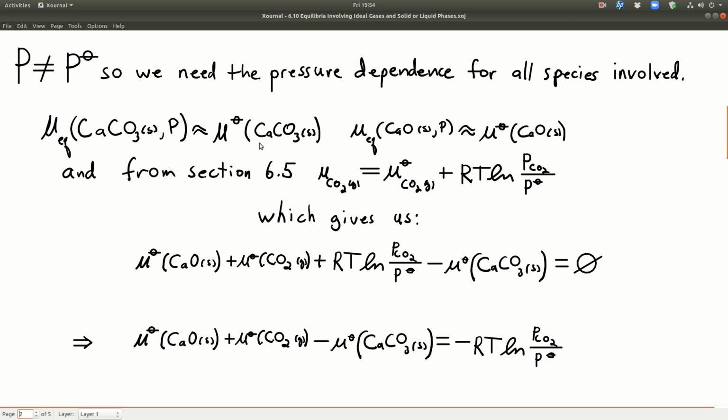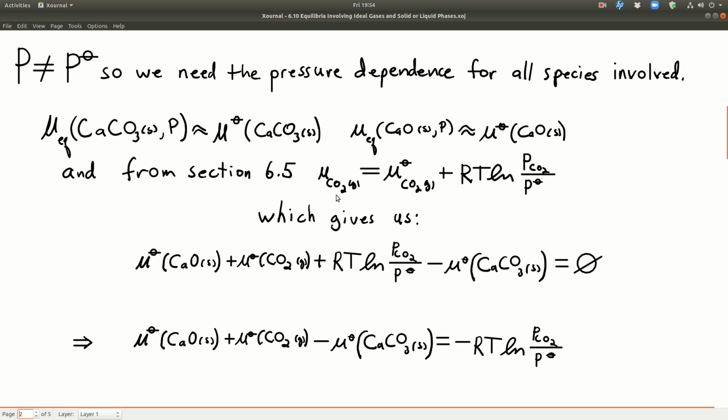In other words, the chemical potential of a solid or a liquid does not depend very much at all upon the pressure at which the reaction is taking place. Within reason, if you get really high pressures or vacuum, then it kind of changes. Likewise for calcium oxide.